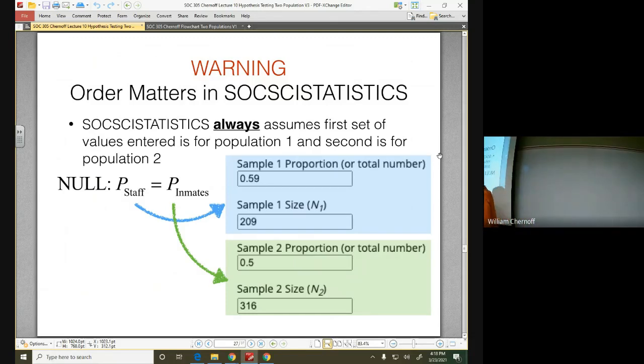And since the proportion of the inmates is to the right of the equal sign, all of the sample statistics that we calculated for them go down here in this green box. So it's the sample 2.